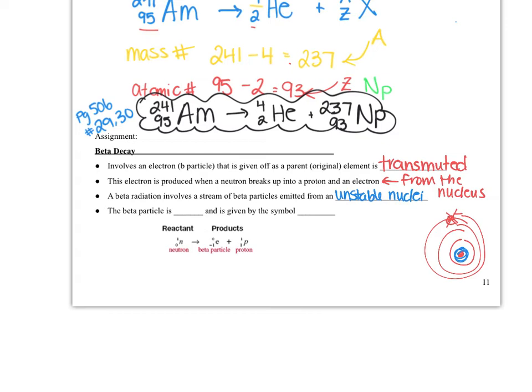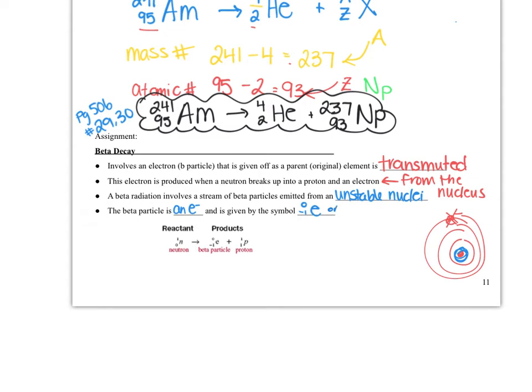So the beta particle is really, again, an electron, and it is given by the symbol for an electron, where it is the opposite of a proton, okay, and it has no mass.